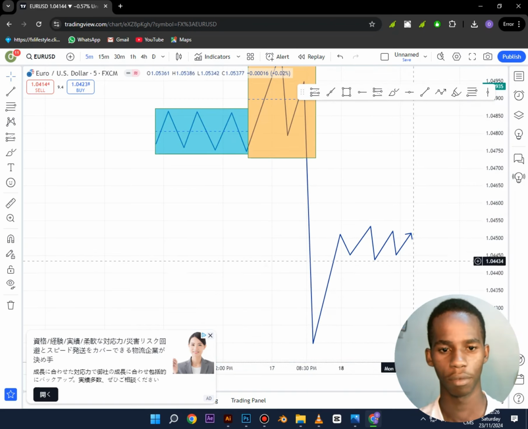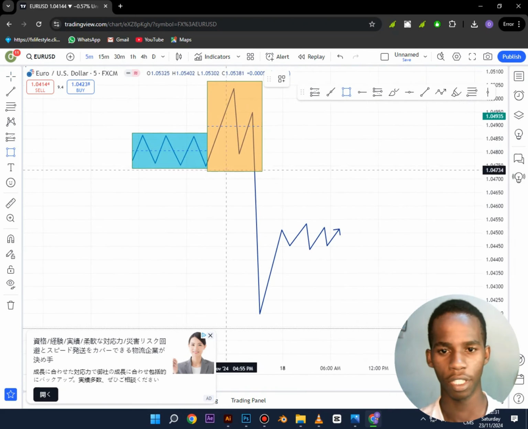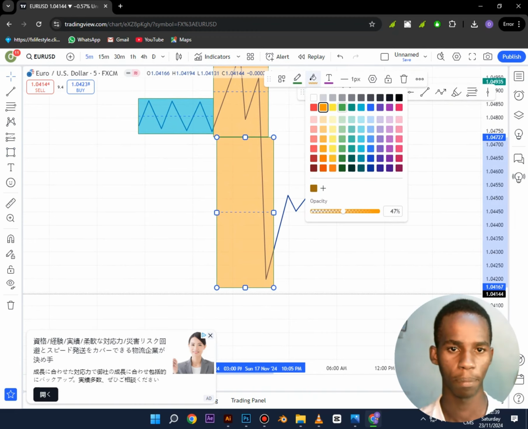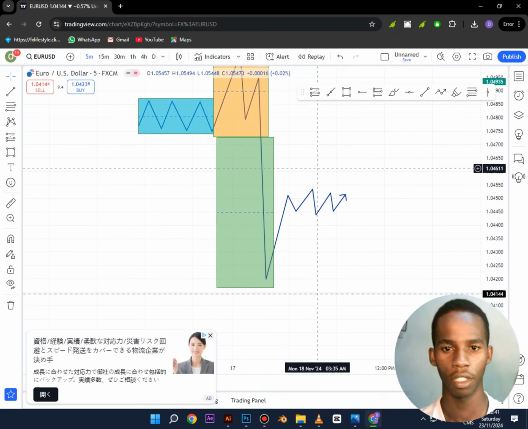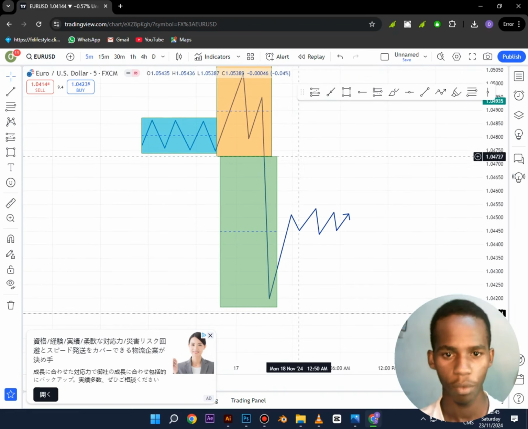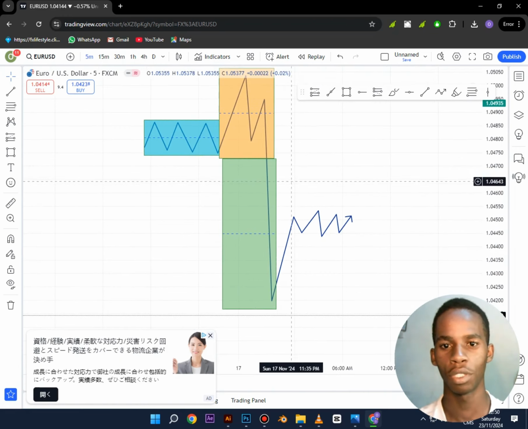Okay. So this is a distribution phase up to around here. Maybe let me give it green. Okay, so after the distribution phase, we go back to the accumulation.